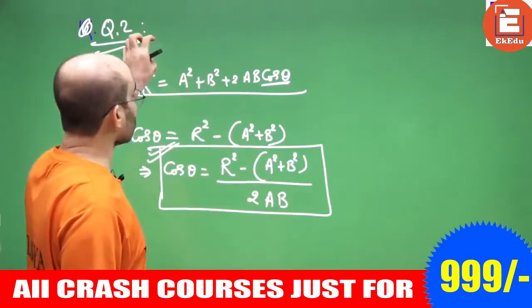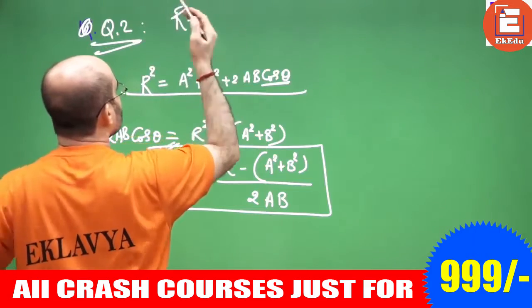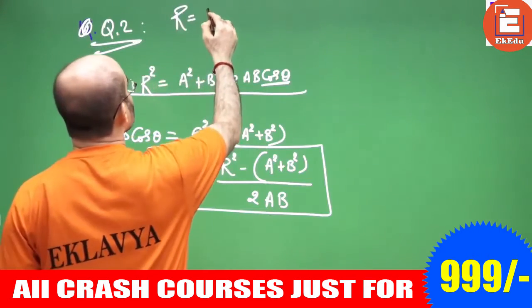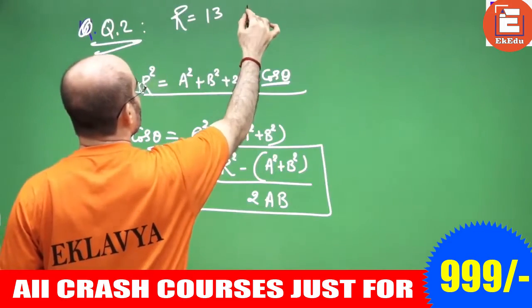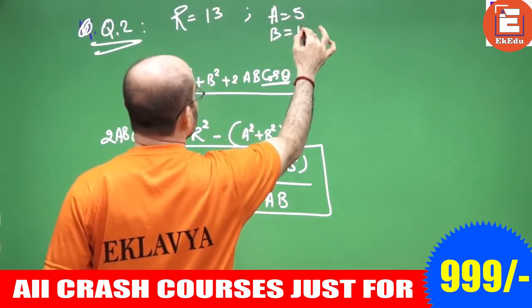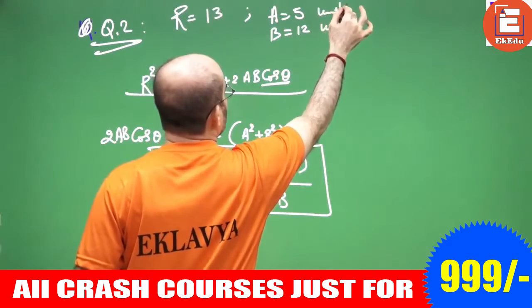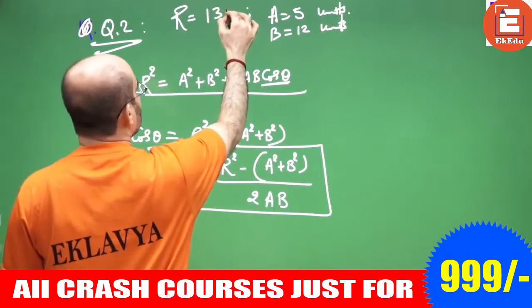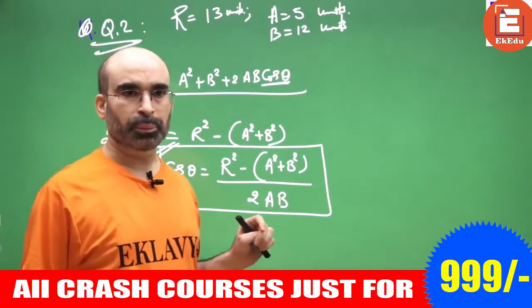So what would be the question? Actually, the question would be: R equals 13, A equals 5, B equals 12 units. Okay, R equals 13 units, right?